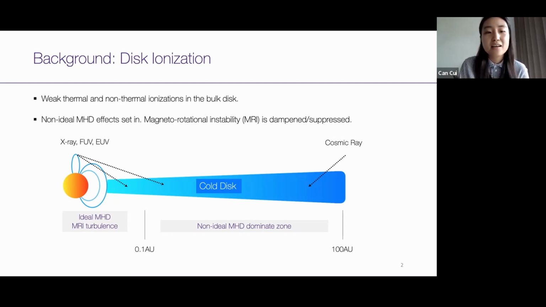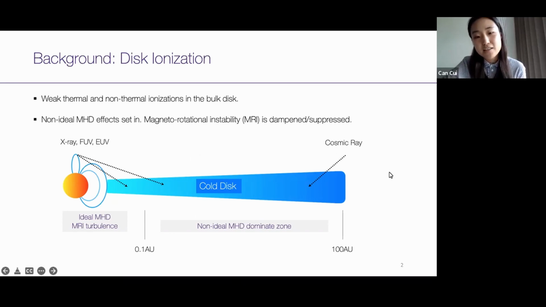However, the radiation from the star is not hot enough to fully ionize the gas in the entire disk. It is only in the very inner region, less than 0.1 AU, where the temperature can reach about 1000 Kelvin and the hydrogen molecules are fully ionized, and we are in the ideal MHD regime.